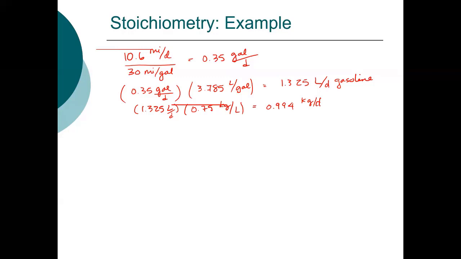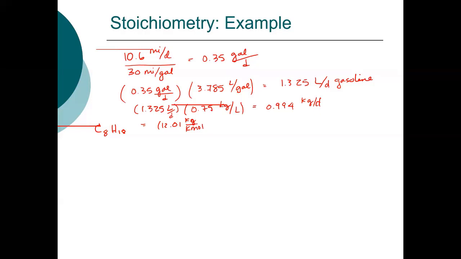I'll need the molecular weights for octane, and I'll also need it for CO2. So for octane, the molecular weight is 12.01. And I'm going to use kilograms per kilomole here. Typically, we use grams per mole, and it's really a gram mole, but we rarely write gram mole.